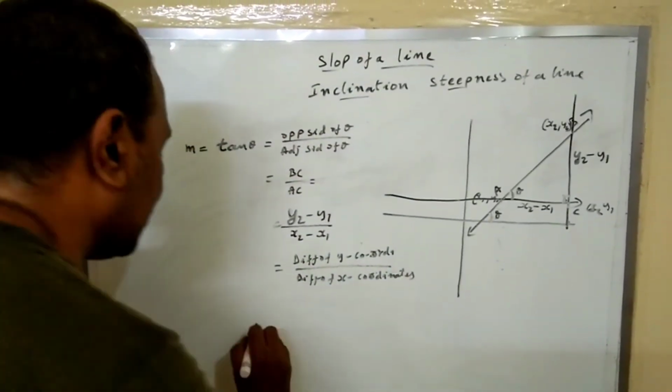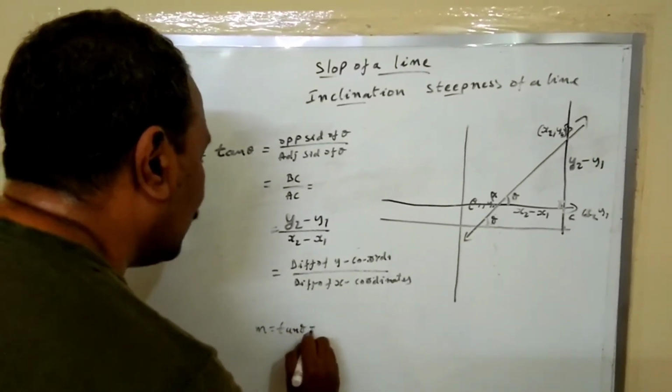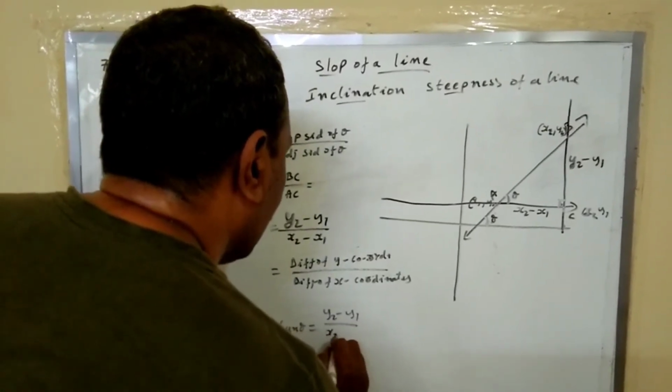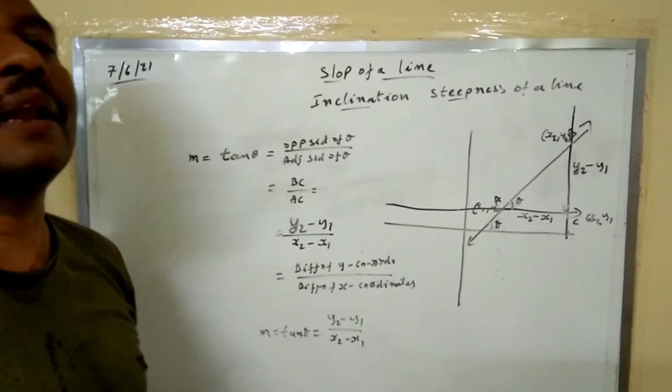So finally m is equal to tan theta, which is equal to y2 minus y1 by x2 minus x1. This is the formula for finding the slope of a line.